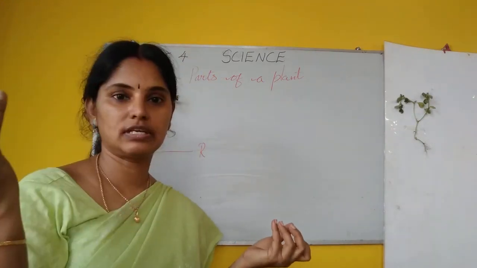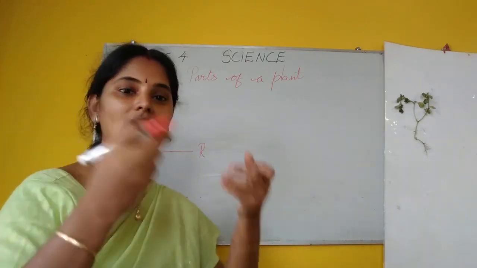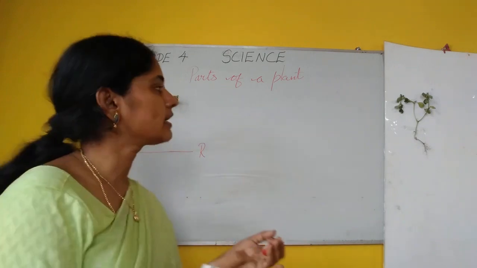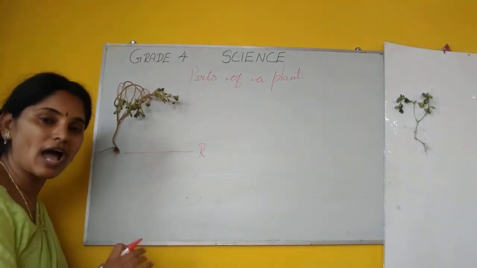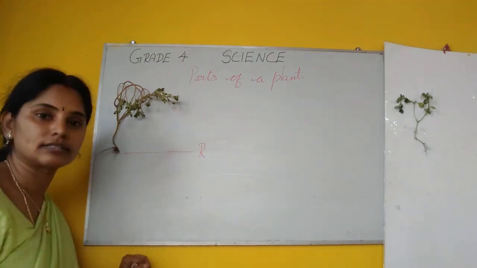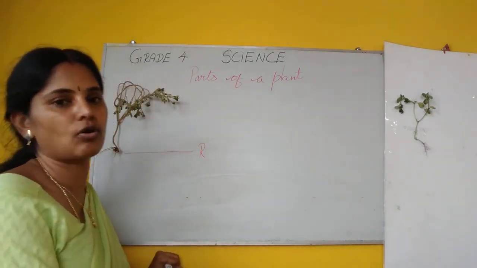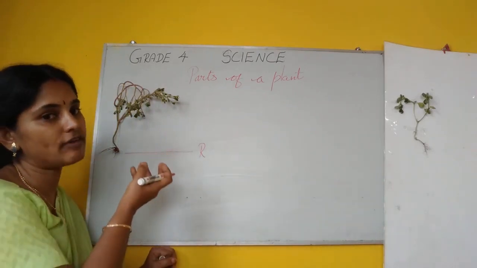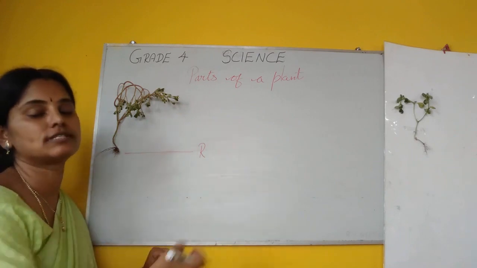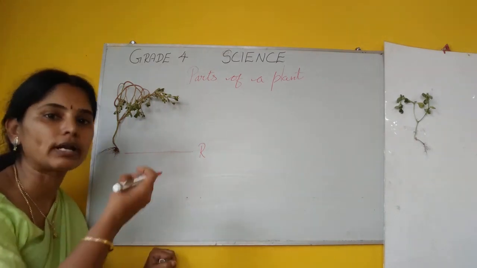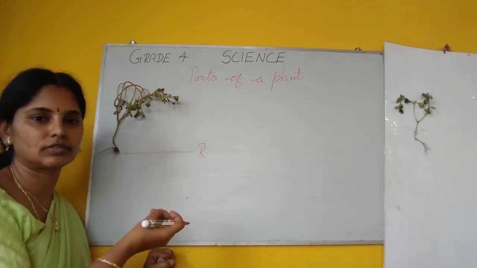Eyes to see things, ears to hear, hands to do work. Like that, plants also have different parts to do different functions. Functions means what? Work. They have an important role.